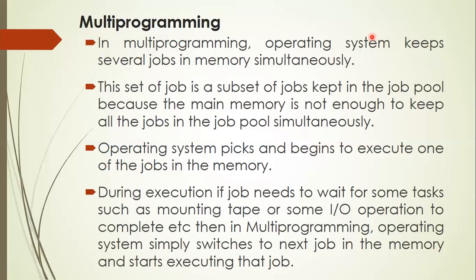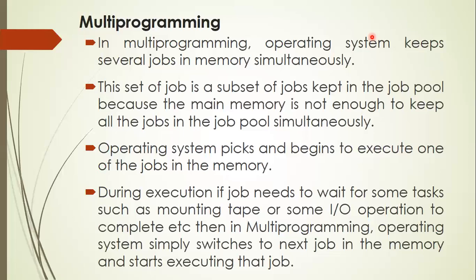So in the case of multi-programming, instead of keeping one program in main memory, we are keeping several programs in the memory. The main concept of multi-programming is that your CPU will be busy as long as some job is there in your main memory. Suppose your main memory is capable of storing 10 programs, then out of the available jobs in secondary memory, you can bring 10 jobs into the main memory simultaneously.